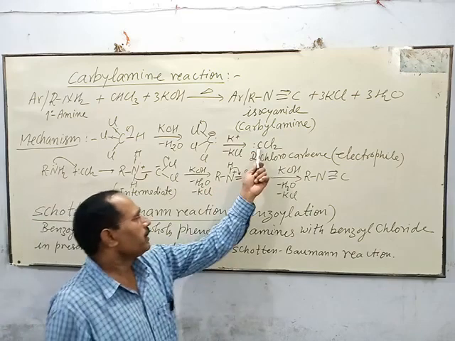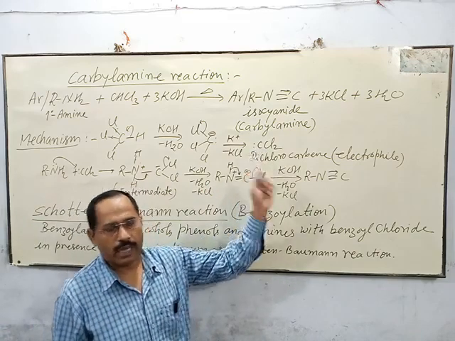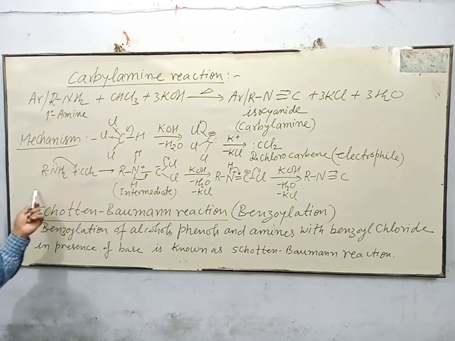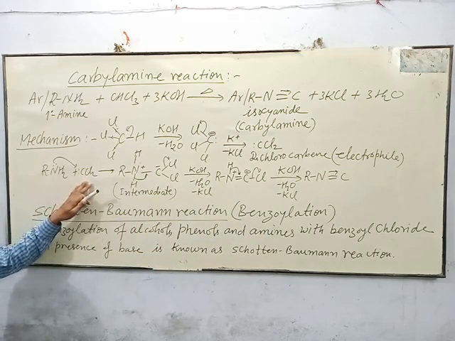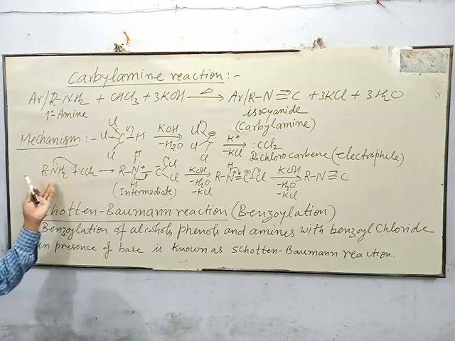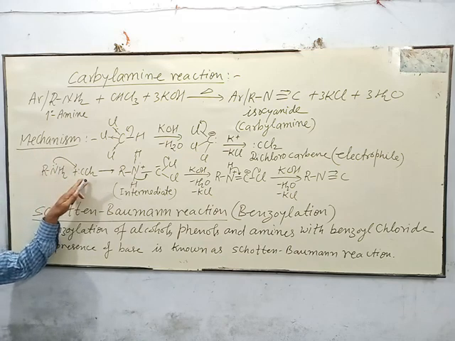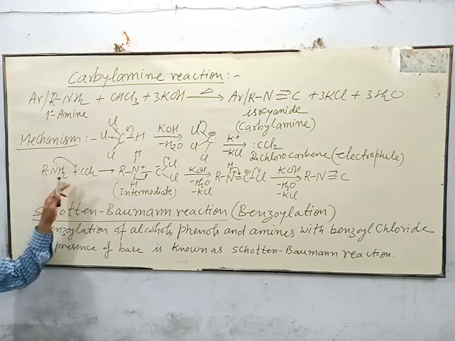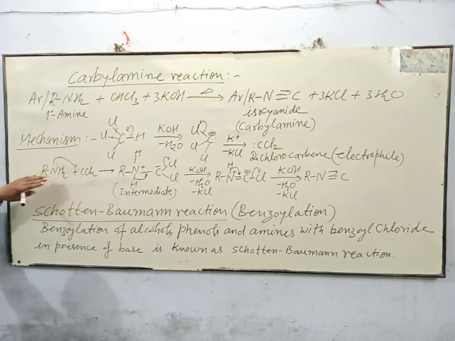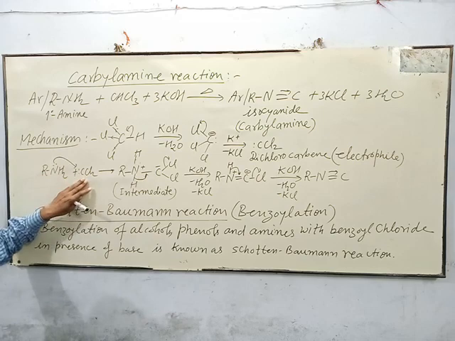That's why it becomes electron deficient and acts as an electrophile. In the next step, this electrophile is attacked by the amine, or you can say the amine nucleophile attacks dichlorocarbene. One is electron deficient and the other is electron rich. In this reaction, the amine acts as a Lewis base and dichlorocarbene acts as the electrophile.